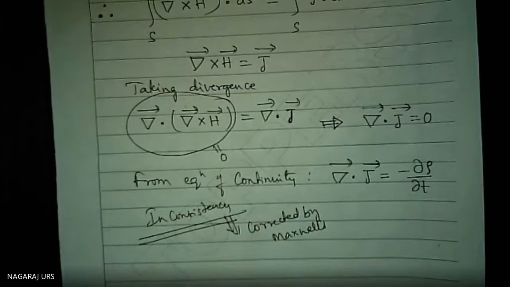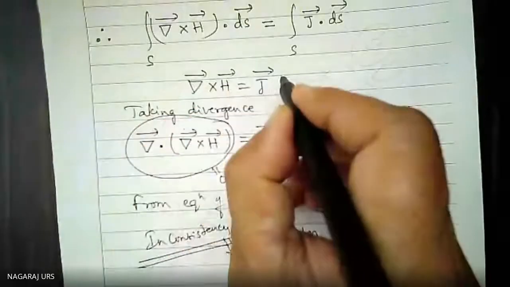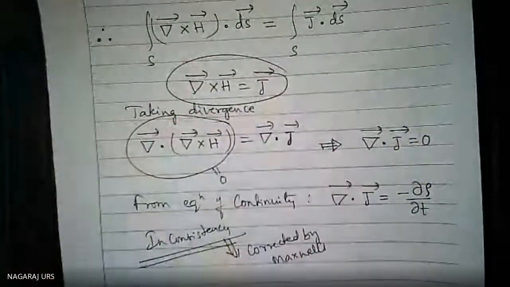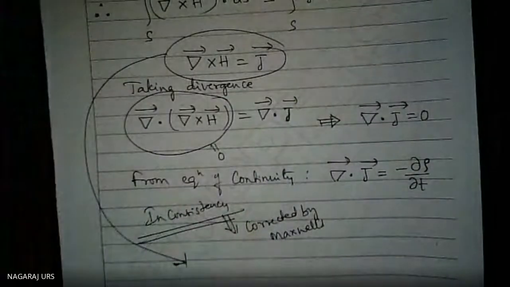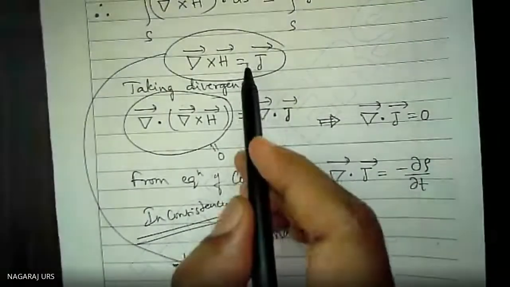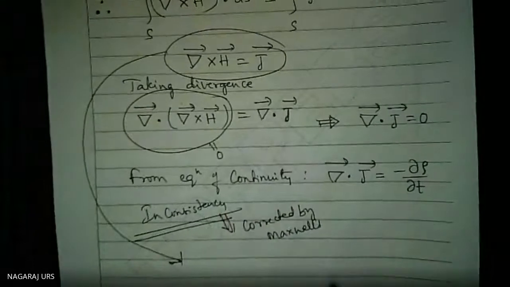That is called the Maxwell Ampere circuit law, after correction. So del cross H, whatever we got in the equation here, there is an inconsistency, a mistake in writing this because of all these facts.